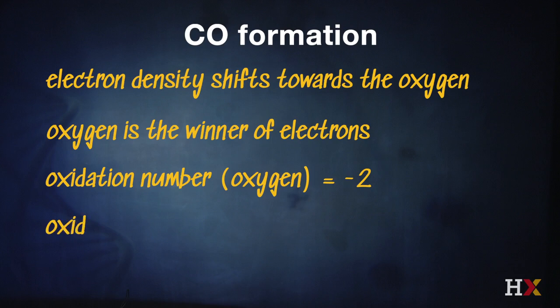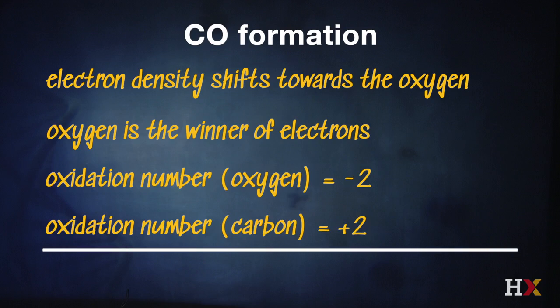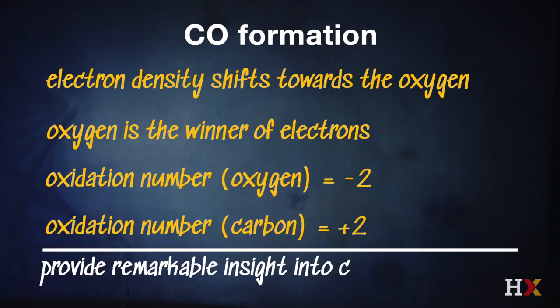The oxidation number of carbon then becomes +2, and while these are approximate, they, as I mentioned before, provide remarkable insight into chemical reactions, as we'll see in just a moment. Not only into chemical reactions, but in terms of the energy release from chemical reactions.